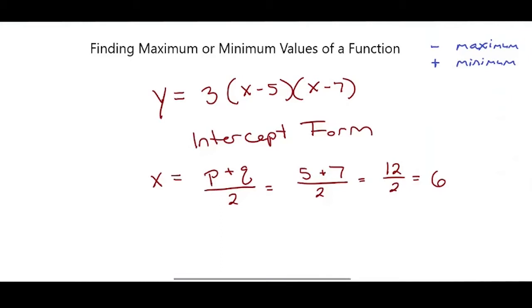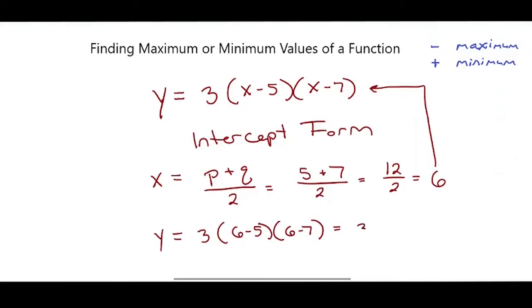So now I need to take that 6 and plug it back into the original function. So y is equal to 3 times 6 minus 5 times 6 minus 7.